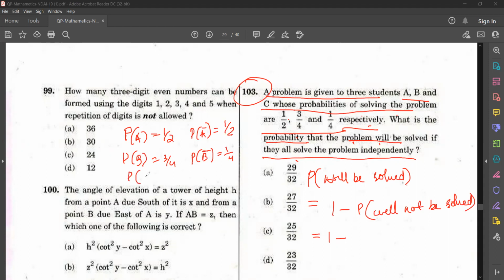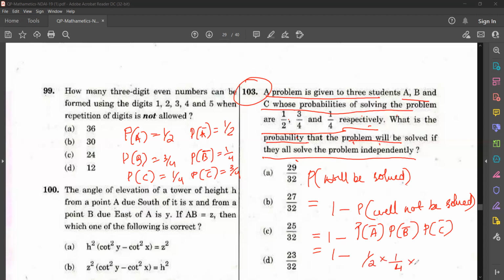Probability that C will solve is 1 by 4, so the probability that C will not solve is 3 by 4. A should not solve, B should not solve, and C should not solve. That is the probability that it will not be solved. So that is 1 minus P of A bar, which is 1 by 2, into P of B bar, which is 1 by 4, into P of C bar, which is 3 by 4.